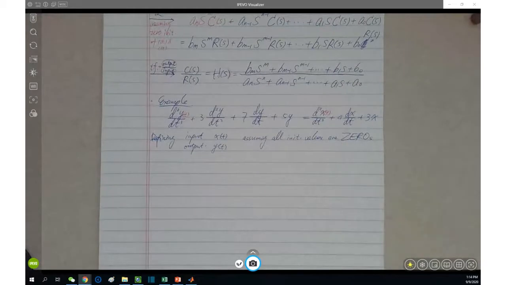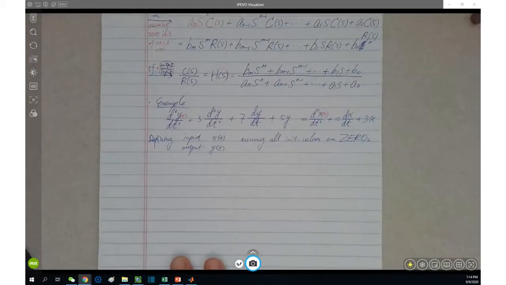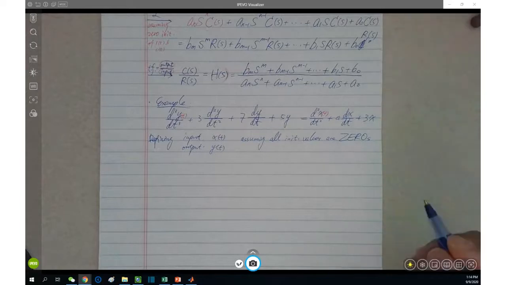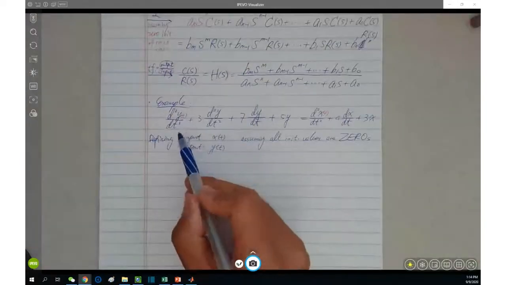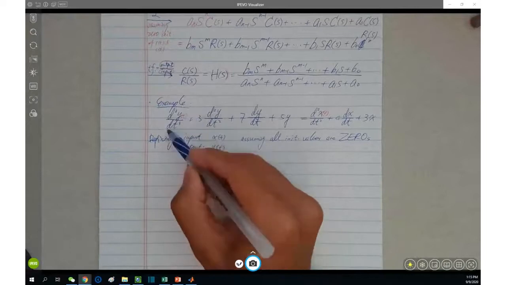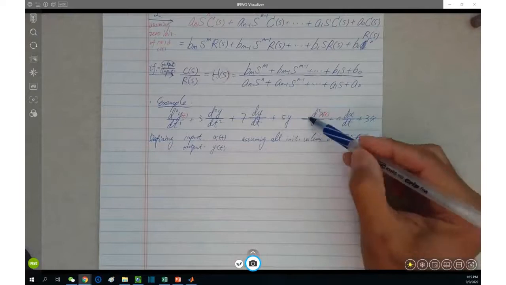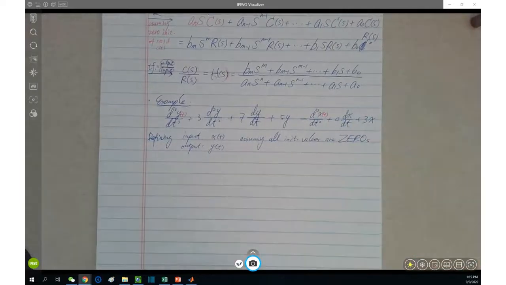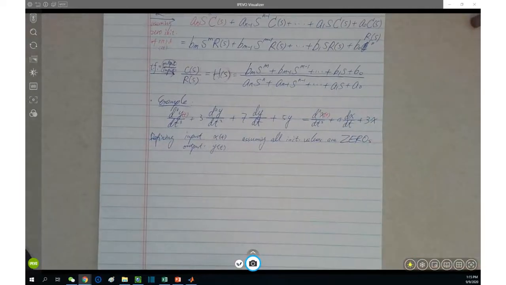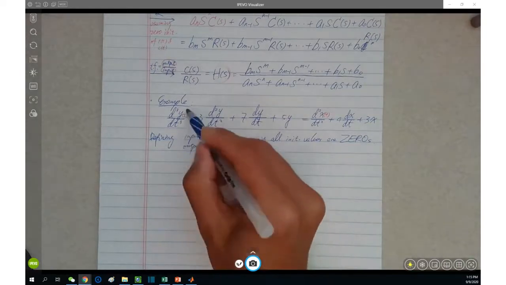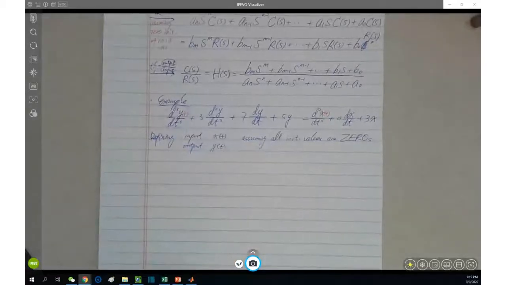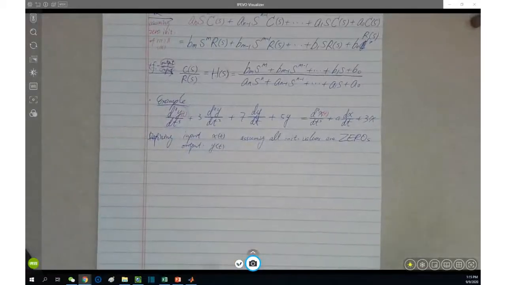Looking at this differential equation, we see many individual derivatives and the sum of them. So we can do the Laplace transform on them individually. Let's just do this one, and leave the rest of them for you to do as an in-class exercise.